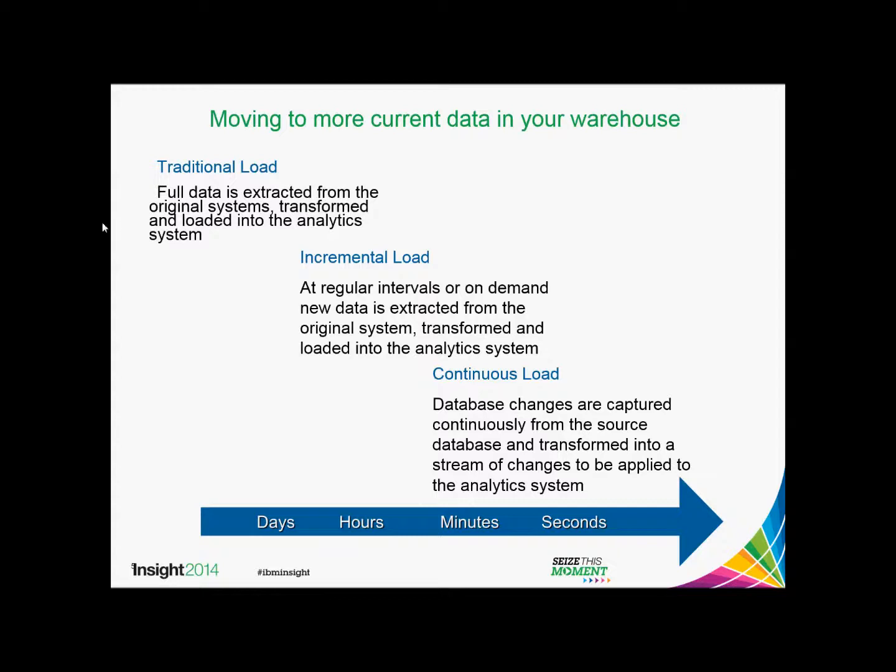Continuous, as the name suggests: as database changes occur, they are continuously captured from the source and updated to the analytics system. And as you see in the chart on the bottom, the traditional load tends to give you currency that's days or maybe hours. Incremental load tends to be hours down to minutes, and then continuous load is where you get down to minutes to low numbers of seconds.